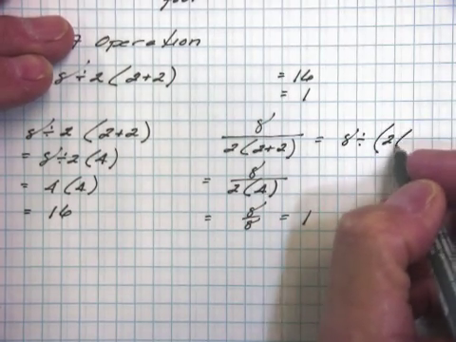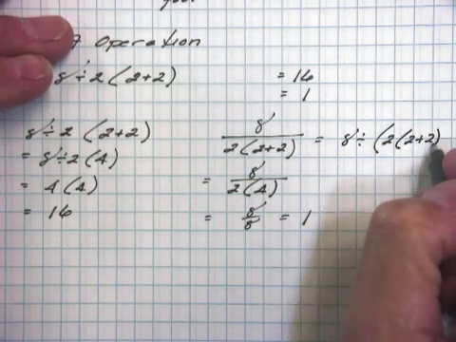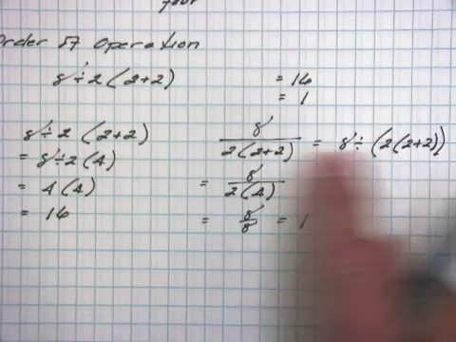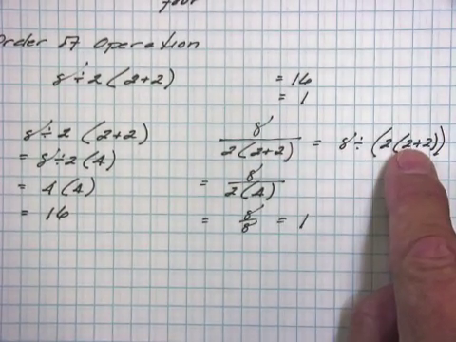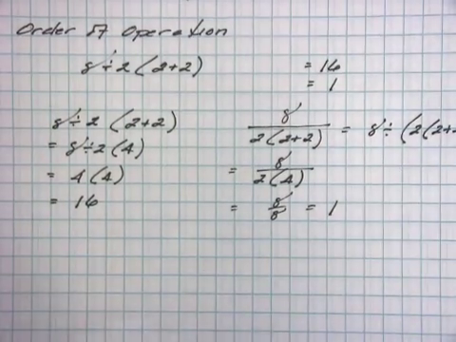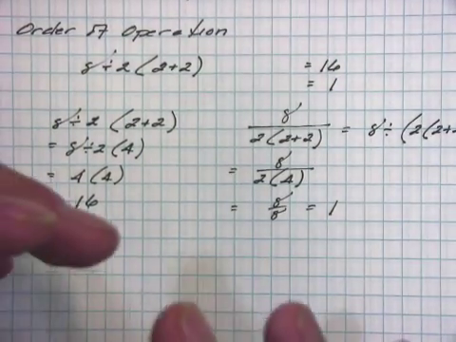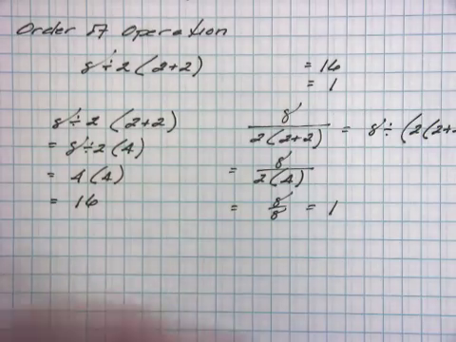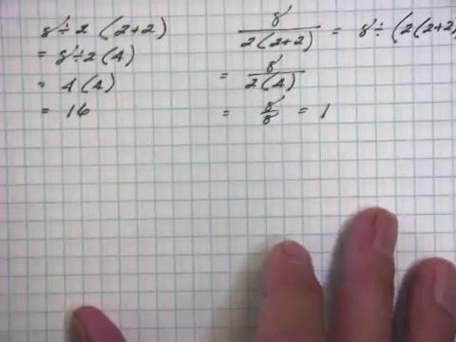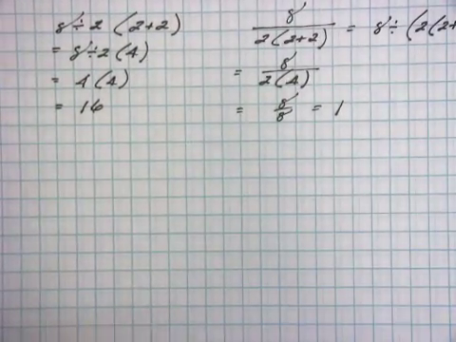So what we really solved here was 8 divided by parenthesis 2 times 2 plus 2. So when I put it in the denominator, I assumed an extra set of parentheses, which changes the order of operation. Okay, so this just gives you an example of why it is important to understand what's going on.